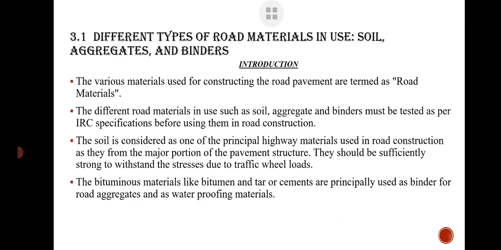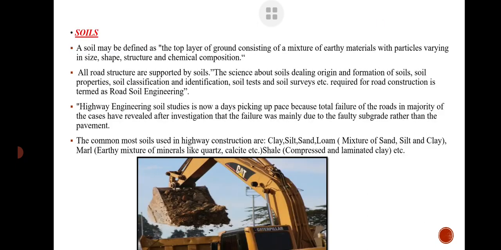Okay, let us start with the different types of road material. As we know, some binder is used to bind materials, aggregate and soil. Soil is the most common material used for road construction, and it is borrowed from the roadside or from elsewhere if the subgrade soil does not meet the required strength.